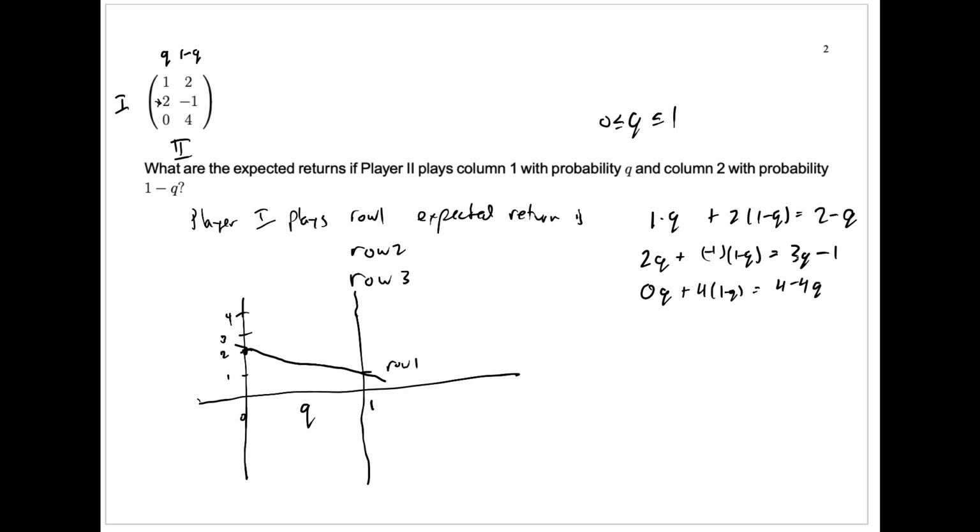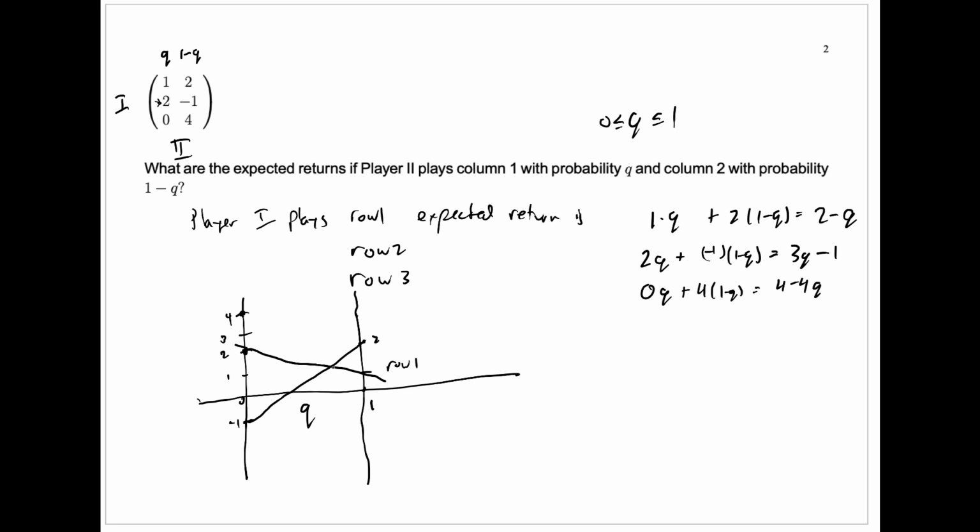Now let's graph the 3Q minus 1. That starts at minus 1, we'll put 0 up there. It starts at minus 1 when Q is 0, so it starts down here. And when Q is 1, we're all the way up at 2. And finally, let's graph 4 minus 4Q. That starts way up at 4 and goes down to 0.